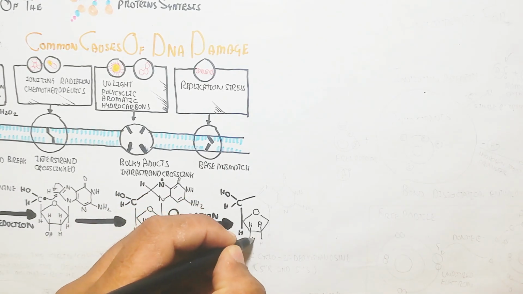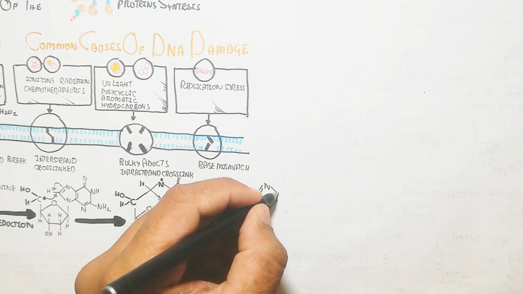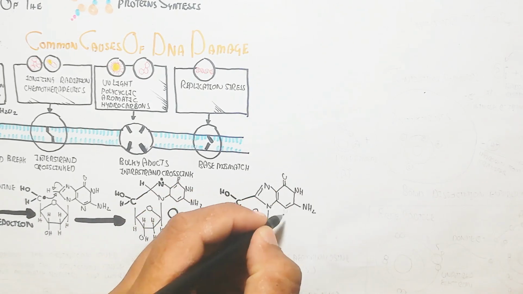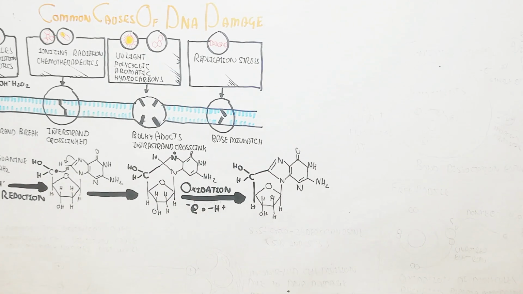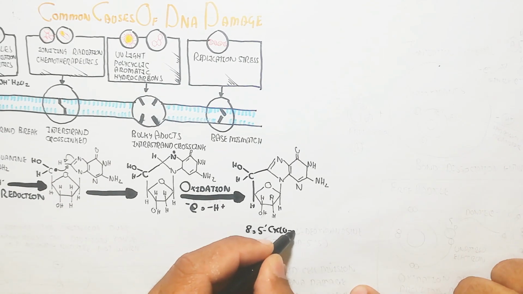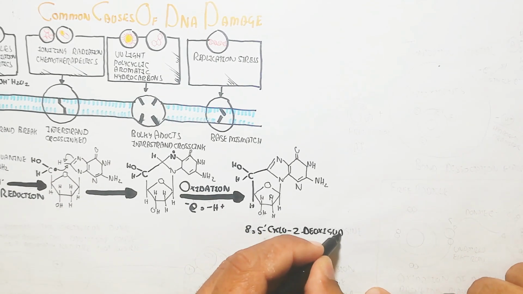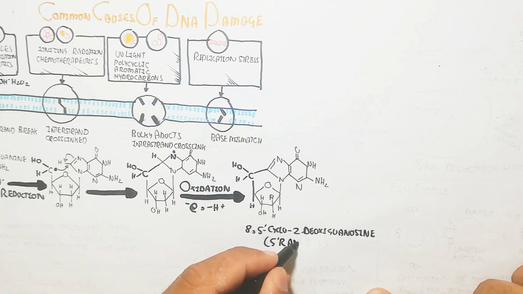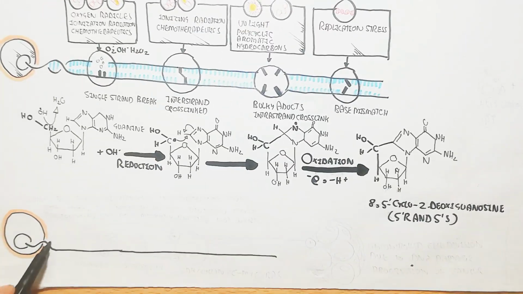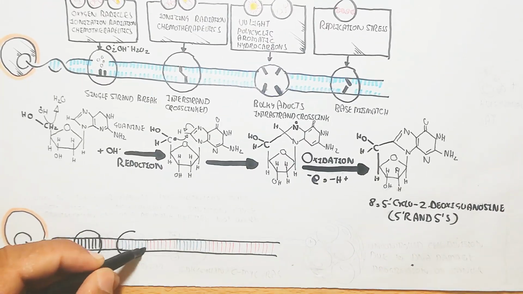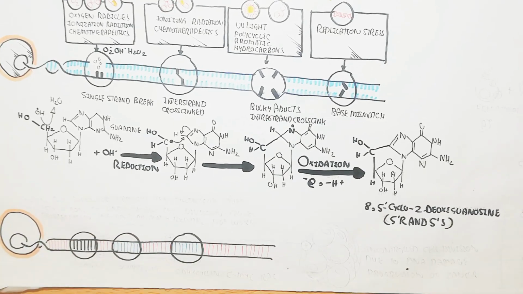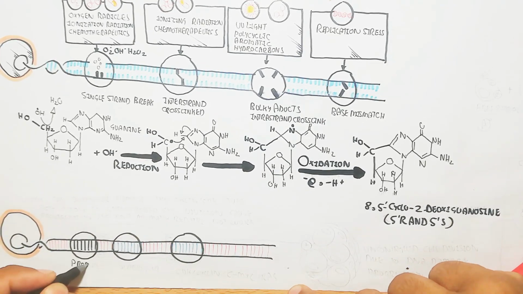In this way, you can see the oxidation, and the electron and proton will bind on the nitrogen side, leading to normal and free radical forms, and 8,5-cyclo-2-deoxyguanosine formation will occur. So this reduction-oxidation will lead to DNA damage.